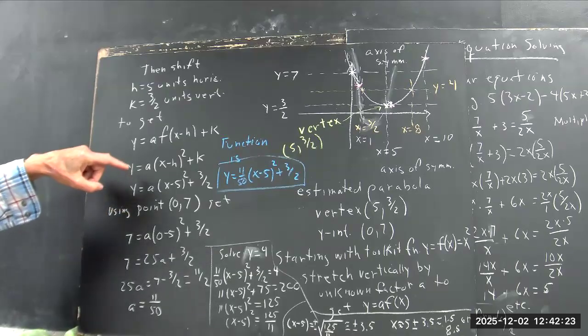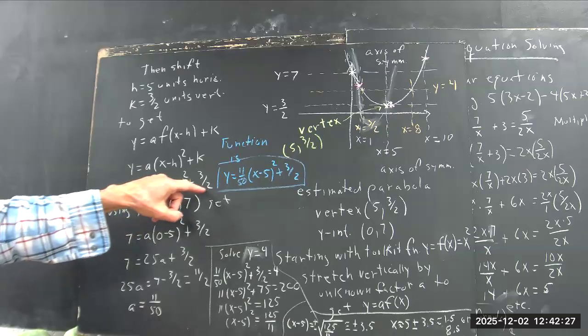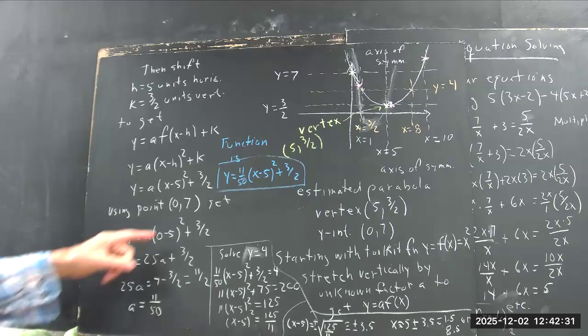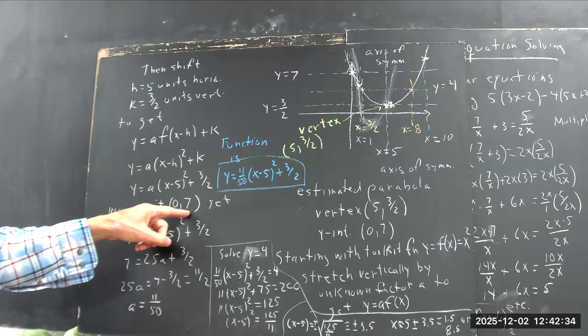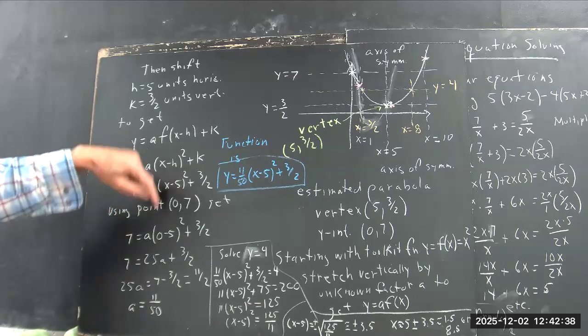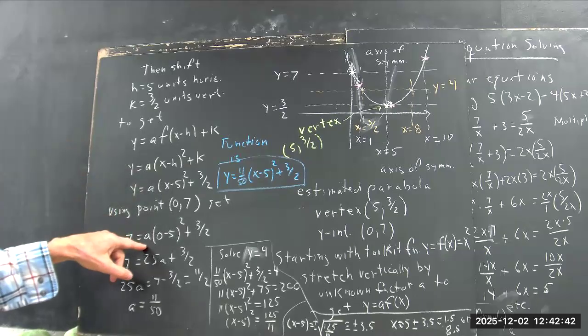Okay. Well, we know what h and k are, so we write in our h and our k, and we get this equation. And we know that we have the point (0, 7), so we can let x equals 0 and y equals 7, and we can solve for A.